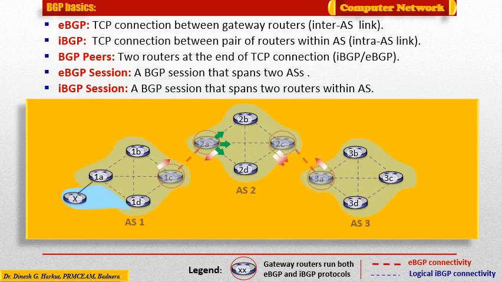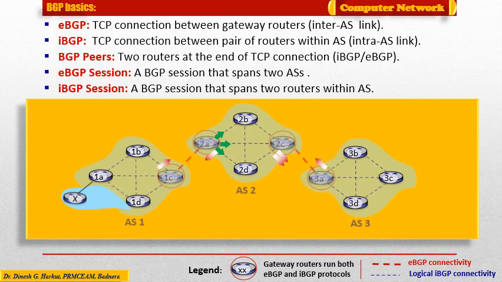These links connecting the routers within an AS are the semi-permanent TCP connections which create a mesh of TCP connections within the AS.